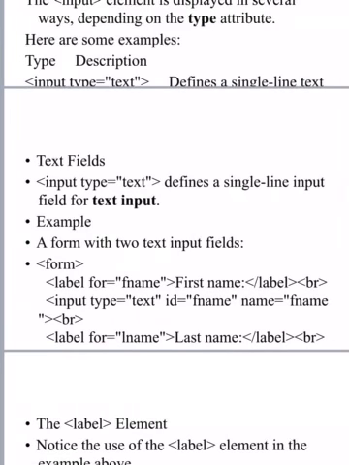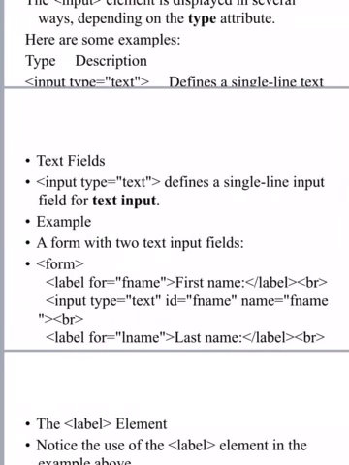form label is another element in form. Label for, the syntax is label space for is equal to label name within double quotes, first name colon, closing label, br.